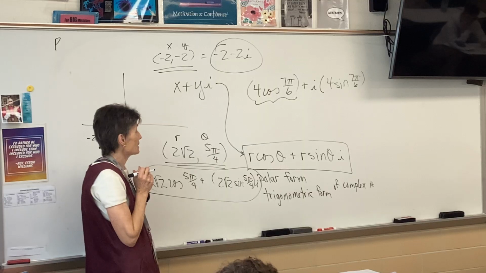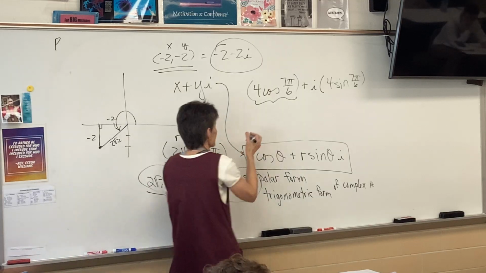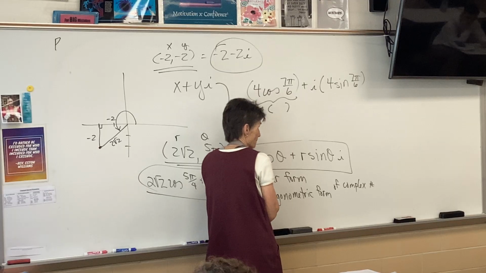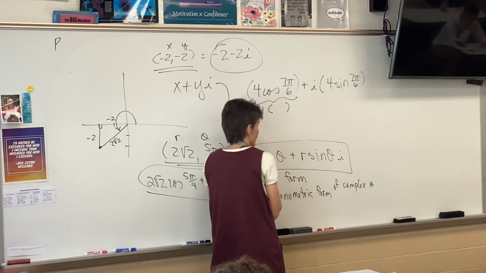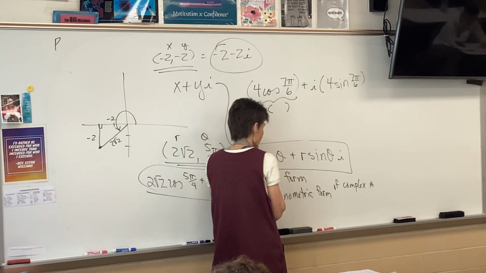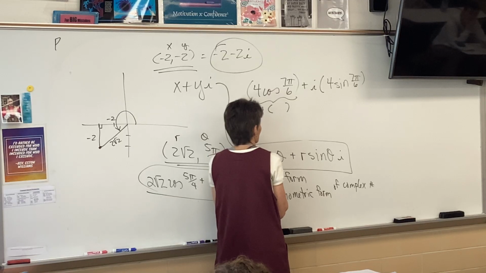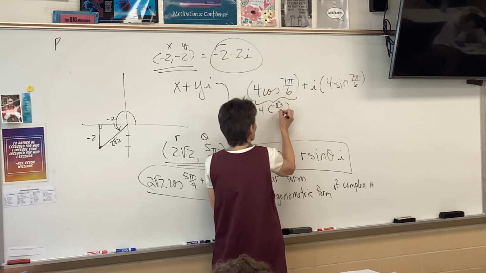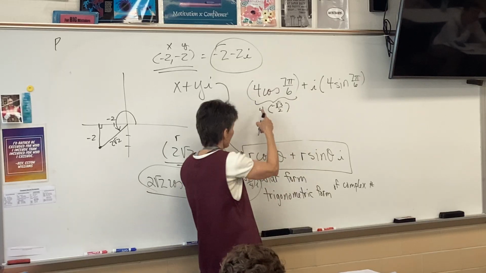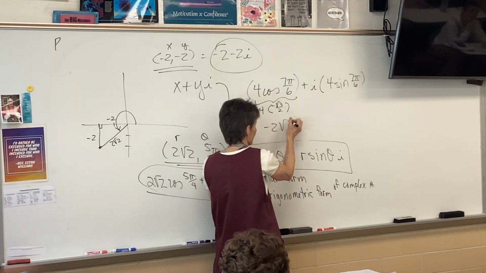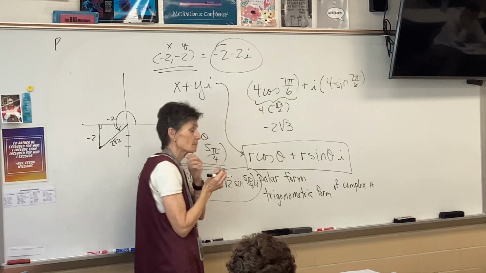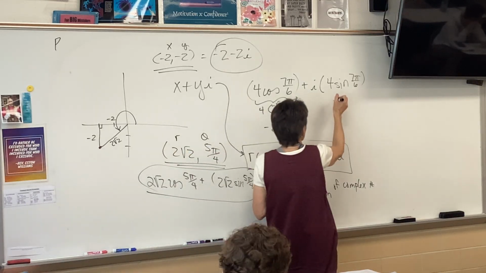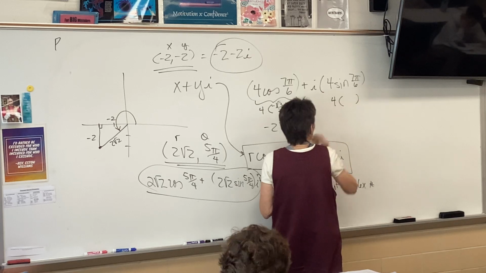So what's the cosine of 7 pi over 6? We shouldn't have to think this long. Negative root 3 over 2, perfect. So when I simplify that, I'm going to get negative 2 root 3. What's the sine of 7 pi over 6?